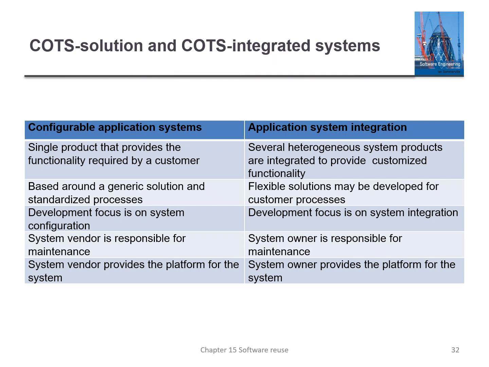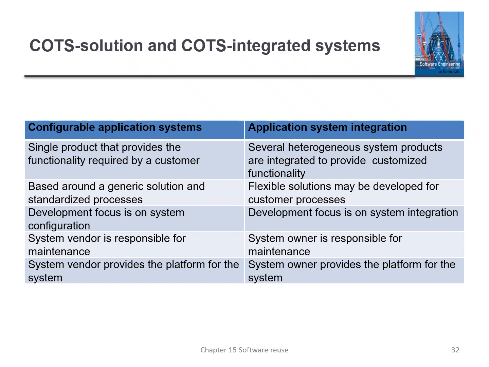So you can see here some of the differences between the configurable application system and application system integration. For the configurable application system, a single product provides the functionality required by a customer, whereas application system integration is basically an integration of several applications.